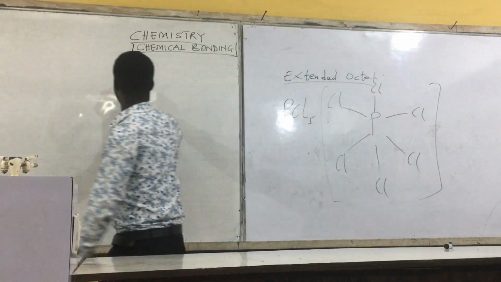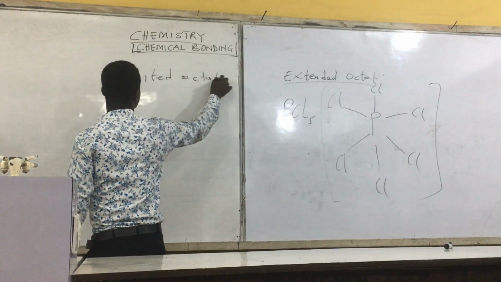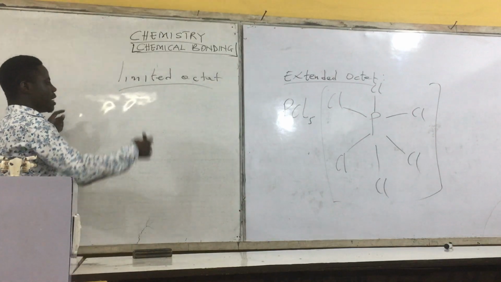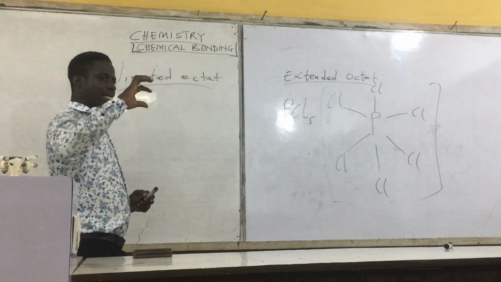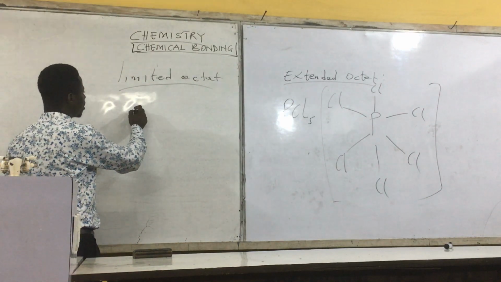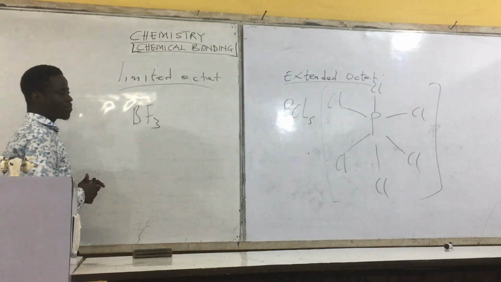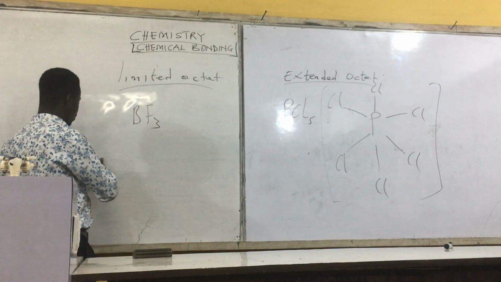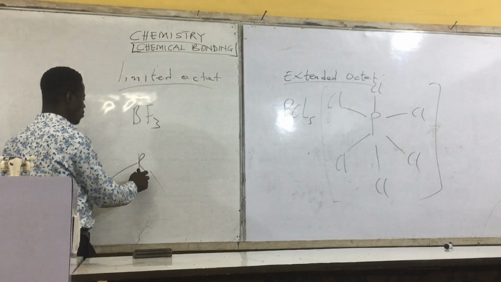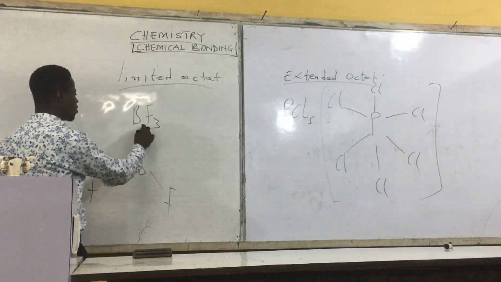And then we have what we call limited octet. It's a violation of the octet rule. Limited octet is not being able to get to the standard, that is tetravalency. So something like BF3, for instance, can be classified as limited octet because when you draw this, it will have only 3 instead of 4.